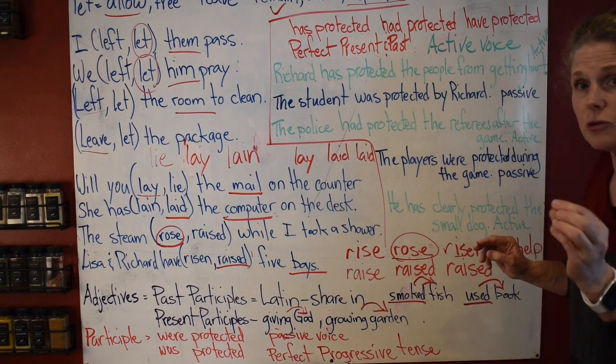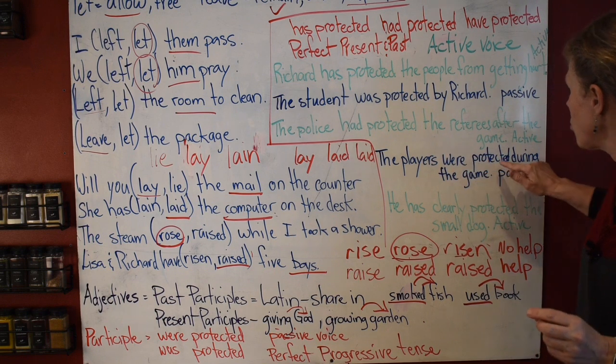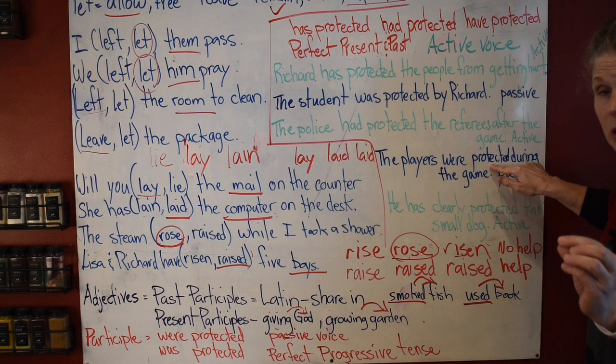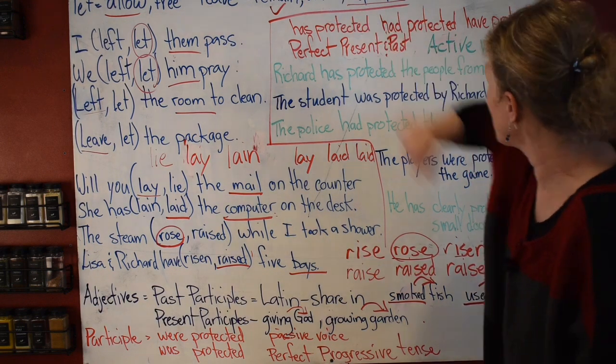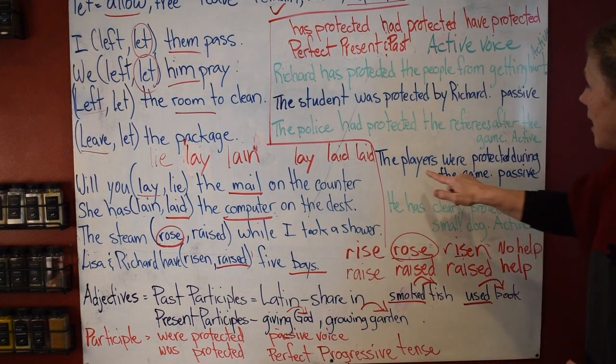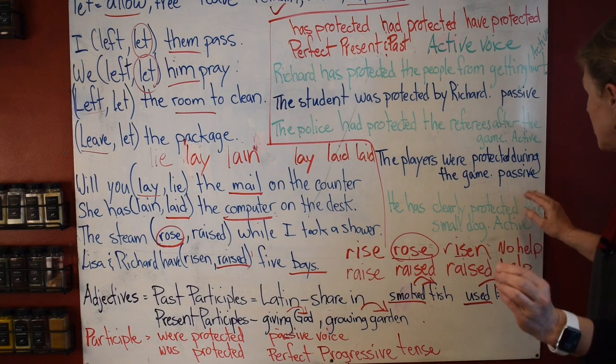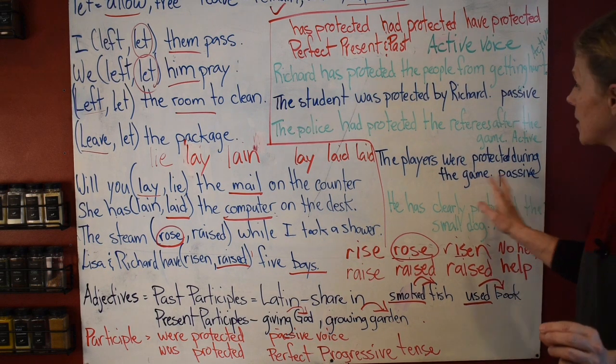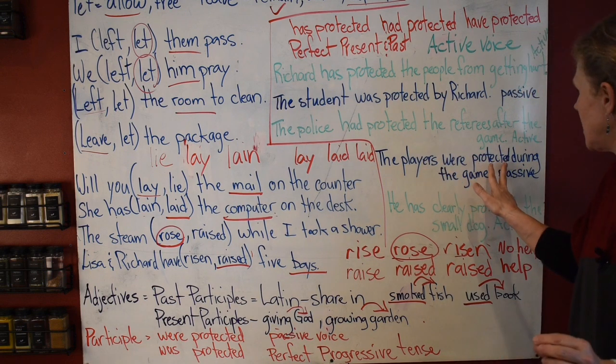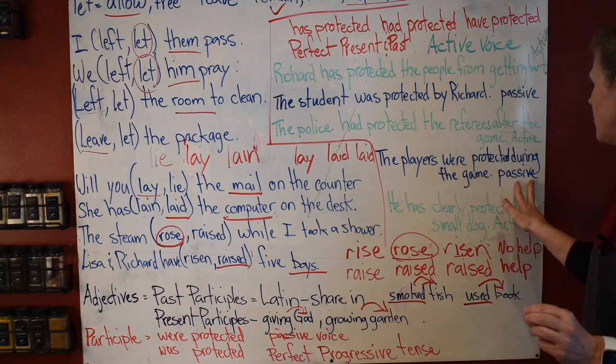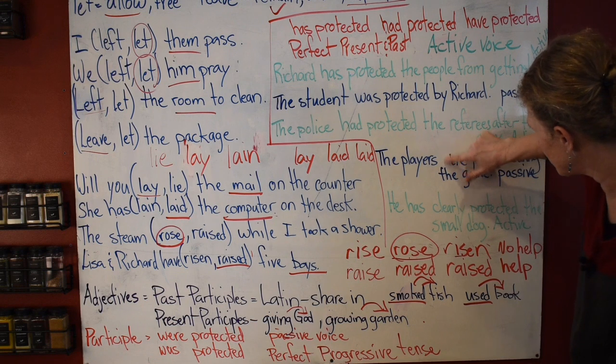So if we're going to use was or were with our past participle, make sure you're understanding if you want it to be passive. If you want the players to receive the protecting, then you would do that. But let's see, what if we did this?